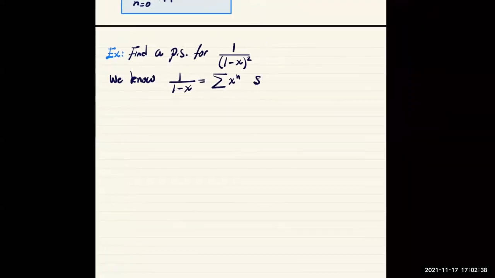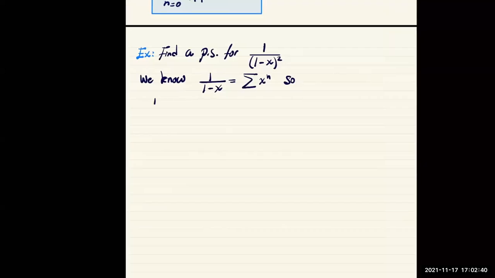So 1 over 1 minus x squared is the same as saying 1 over 1 minus x, the whole thing squared, because 1 squared is still 1. And that is equal to the square of this infinitely long polynomial.